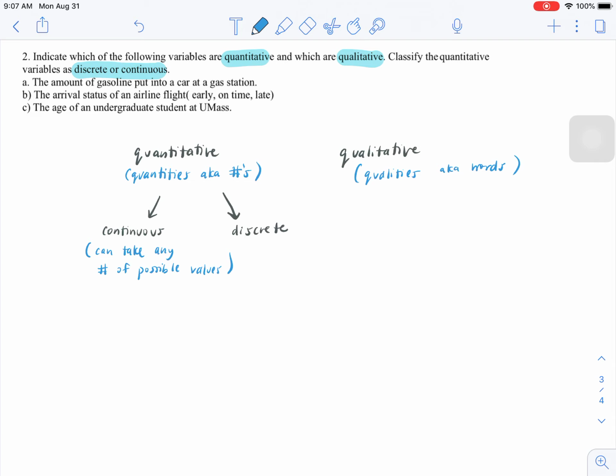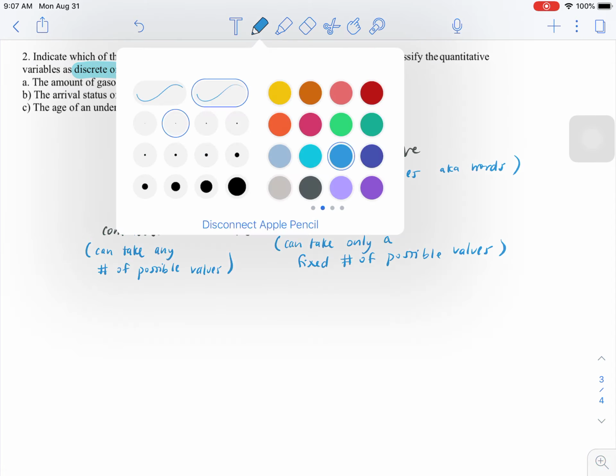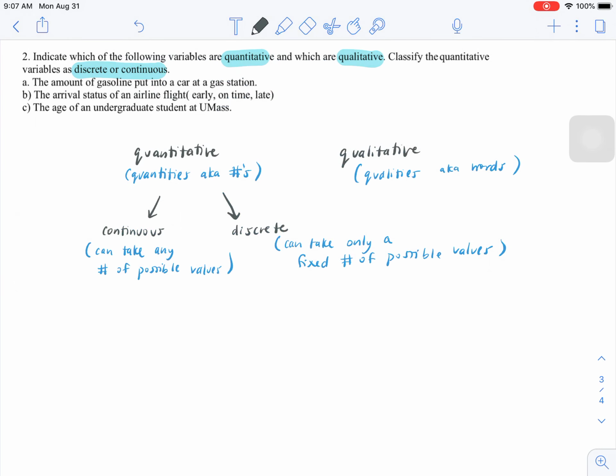Whereas a discrete variable can take only a fixed number of possible values. So for example, a discrete quantitative variable I like to think of as like a multiple choice question. So for example, a silly example is, how many shoes are you wearing today? Or right now?